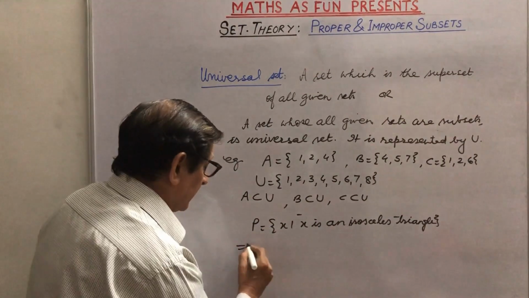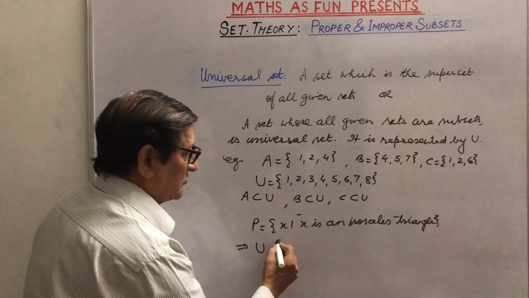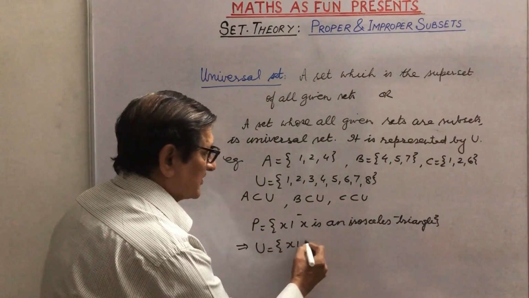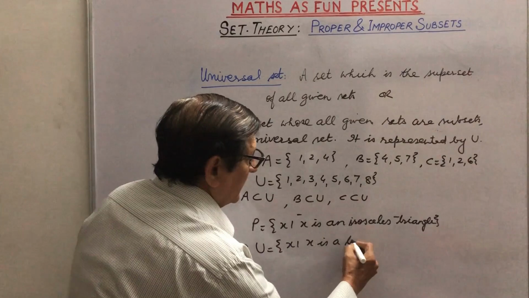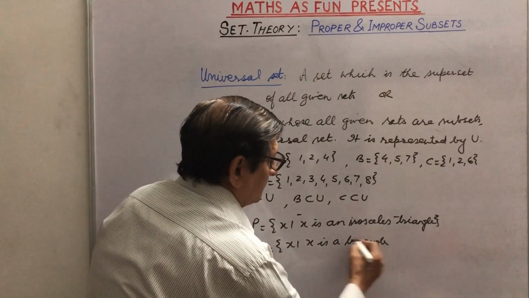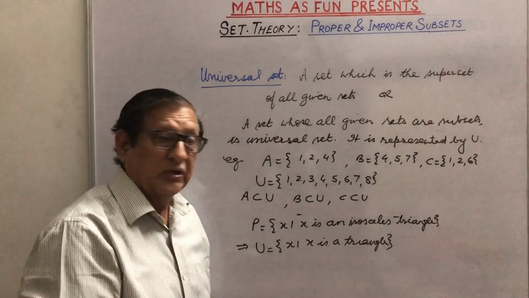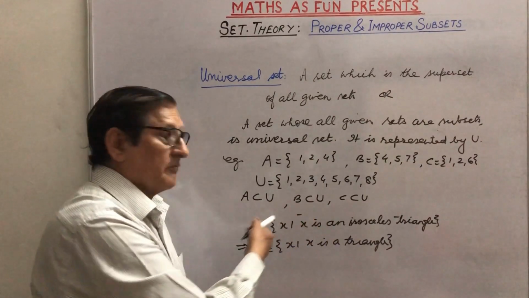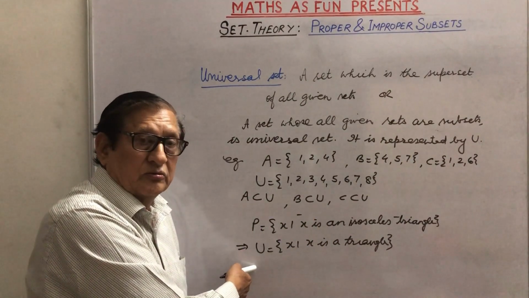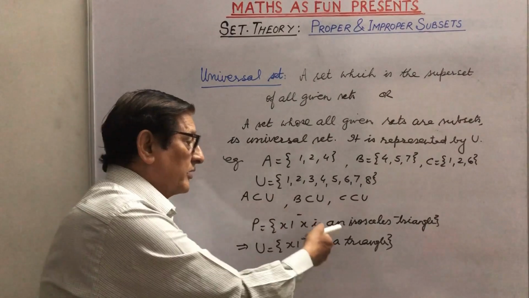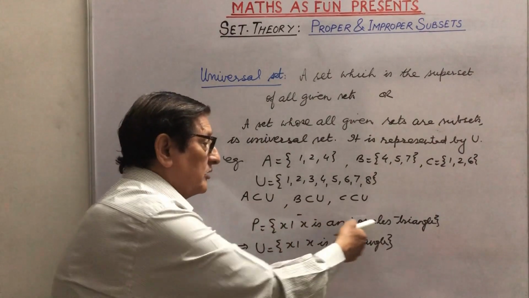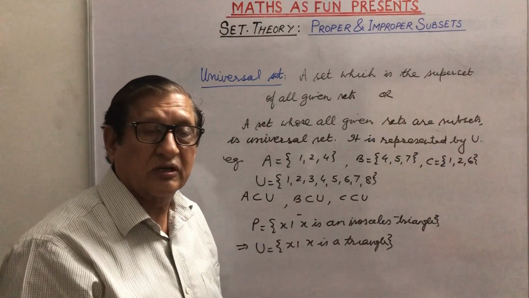Then we can define that the universal set U for this will be {x : x is a triangle}, because this P here is a subset of U. All the triangles contain all the isosceles triangles also.